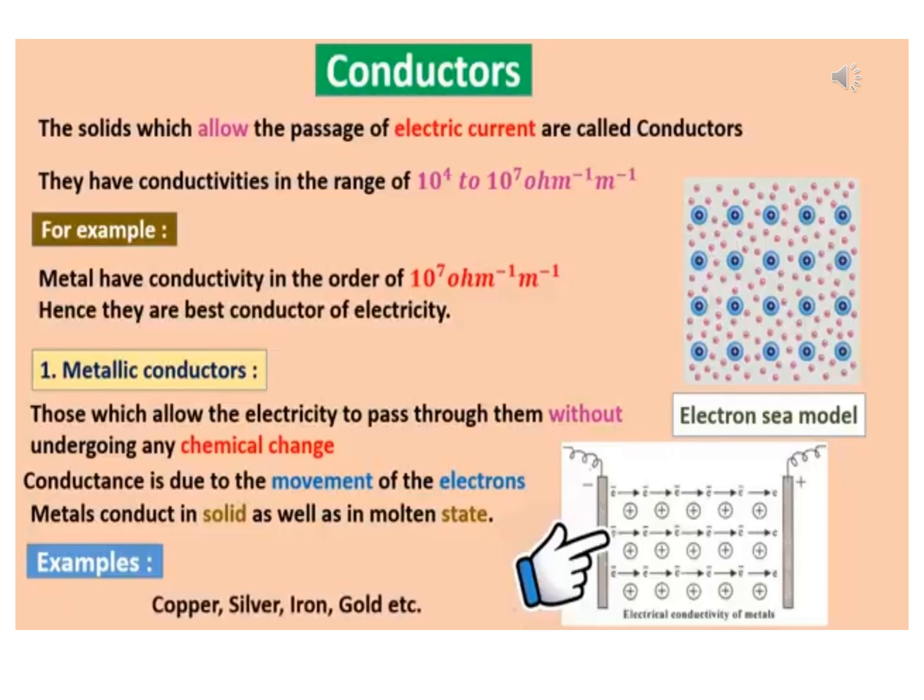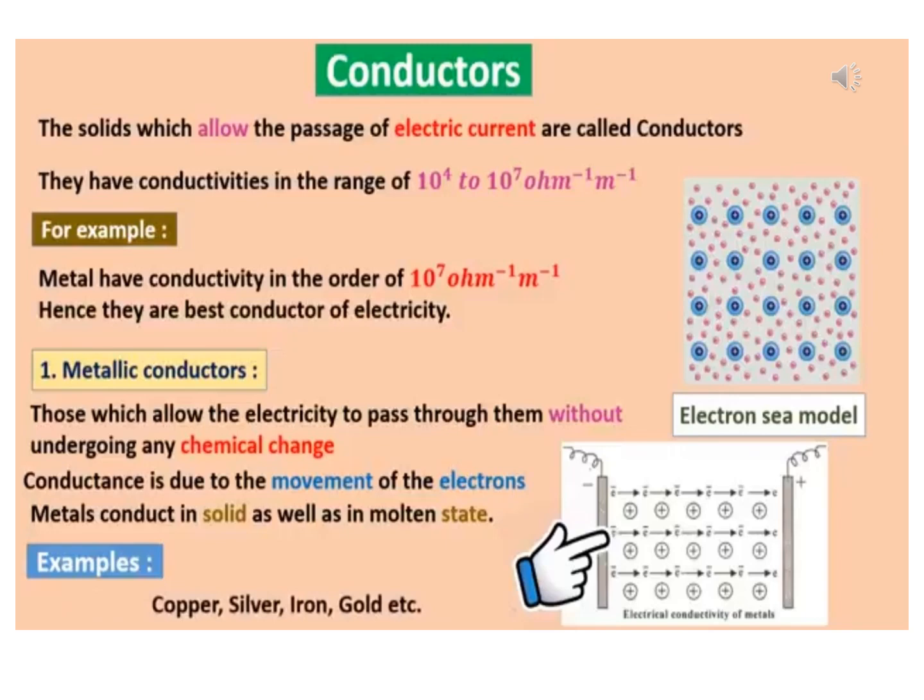In metallic conductors, no chemical change occurs, because the conductance is due to the movement of electrons that are present in the metals. So metals can conduct electricity in both forms. They can conduct electricity in solid form as well as in the molten state.